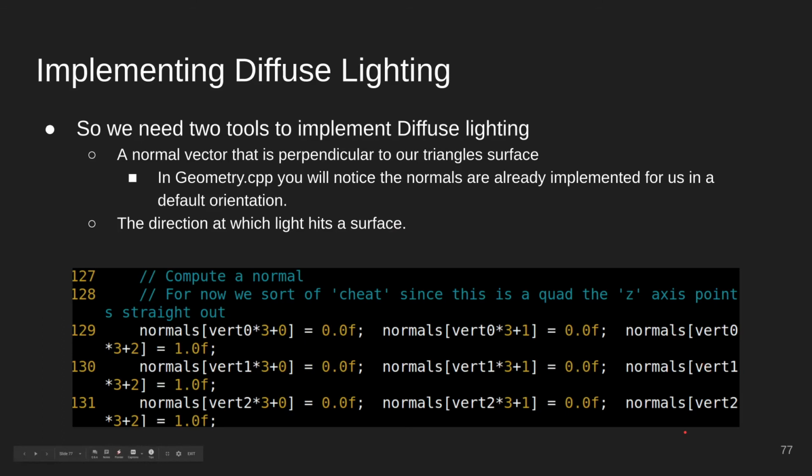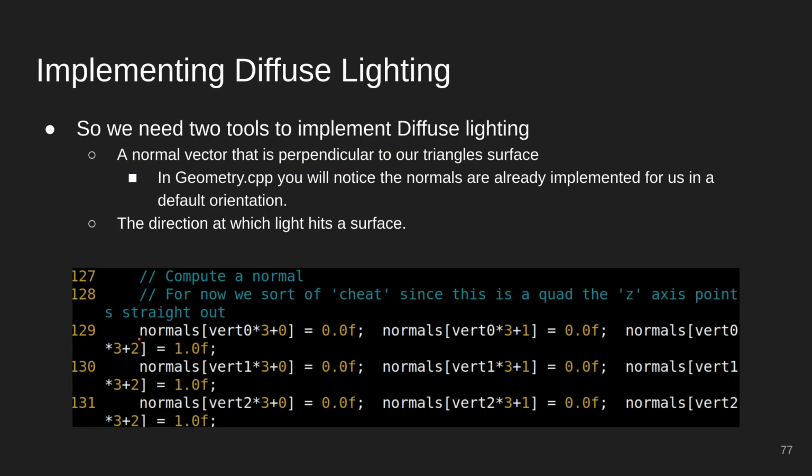So to implement diffuse lighting, here's what we're going to do. We'll need a few tools to help us out here. We'll need at least 2. We'll need the normal vector that's perpendicular to our triangle surface. So this time we're actually going to have to compute and make use of these normals.